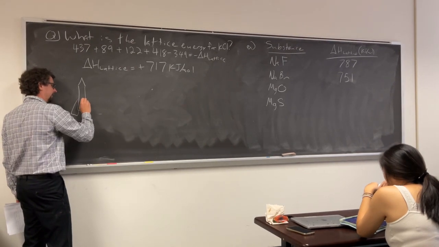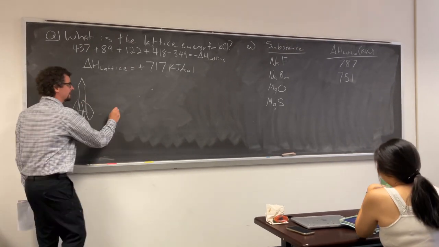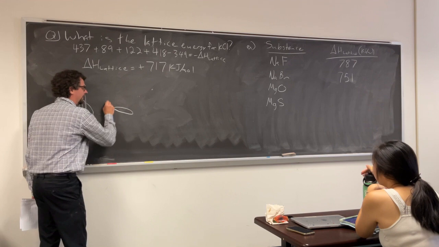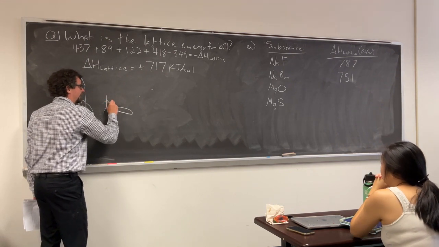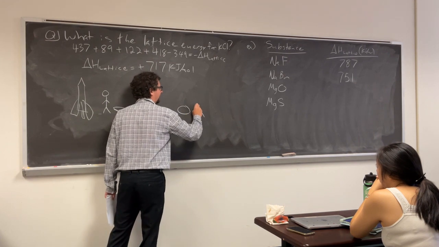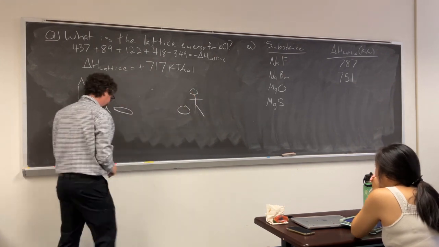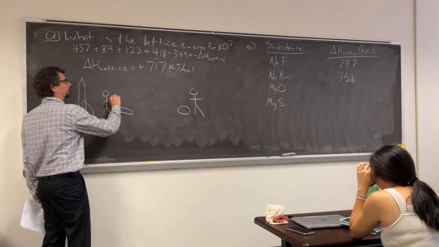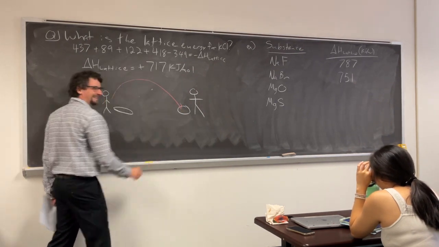Like a little rocket. And what you would do is, you'd have a ring here, person standing here, ring over here, person standing here. And you would roll the lawn darts into the ring.